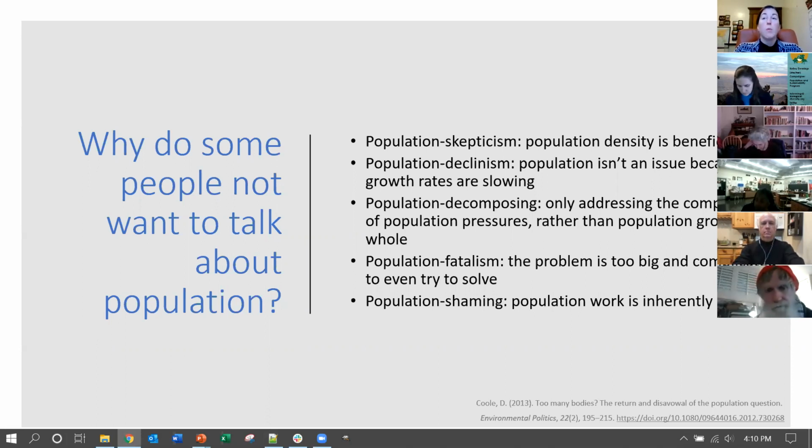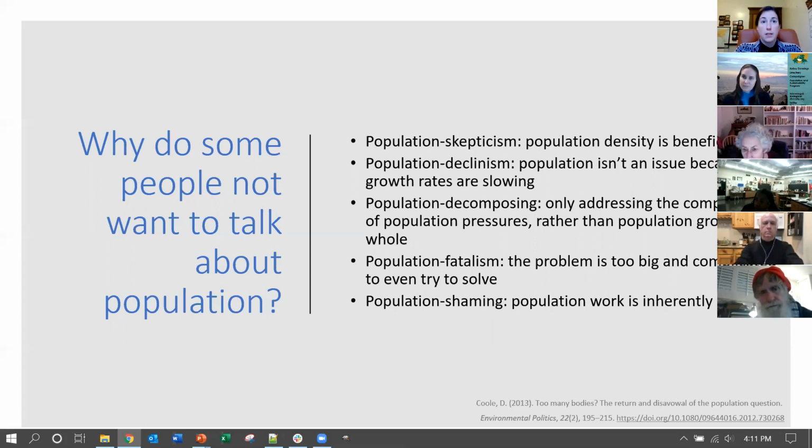So one of those categories is population skepticism, and that's denying the population is an issue or claiming that population density is beneficial, which can be tricky because population density can potentially be preferred over sprawl and continued land use change, but can also lead to more intense impacts when you have more people in a smaller portion of space.